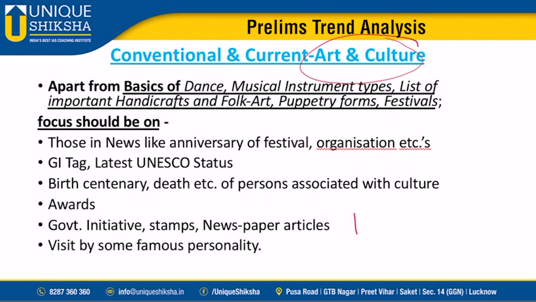In August 2019, Eastern Railways used Manjusha paintings on the coaches of the Vikramshila Express, and that's why it is important. If there is a centenary celebration, or a cultural event has made some record, and the latest World Heritage sites, the last one in India, some government initiative, they will be covered.